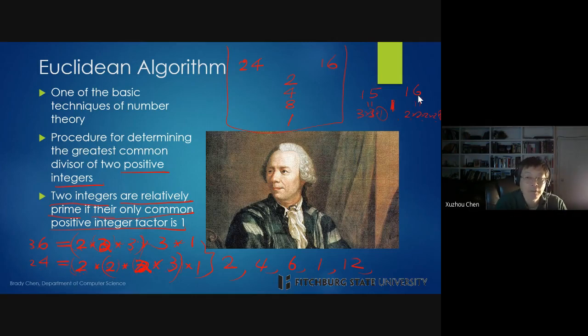Because you can factor 15. 15 can be divided by 3 and 5. 16, of course, is not a prime number. It's an even number. But 15 and 16 are relatively prime because they don't have any common factor. Remember, that's a very important property in number theory. So we're going to discuss this later.